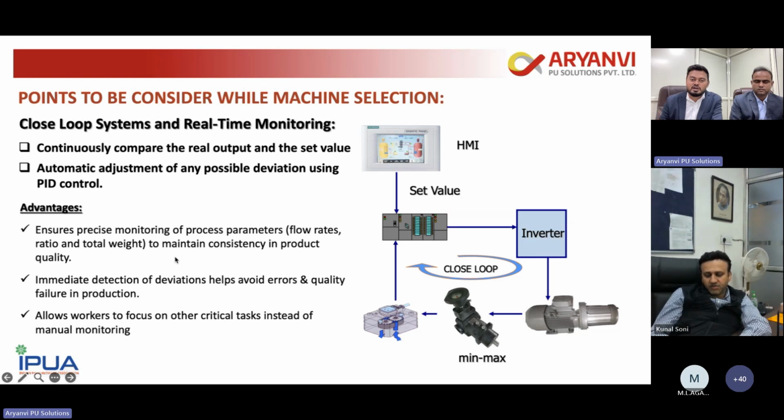So this is very important. With the help of this closed loop system, your machine is well capable of managing all the parameters on its own. So it's a very useful feature on the machine.